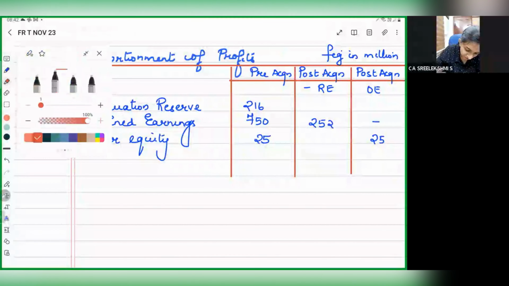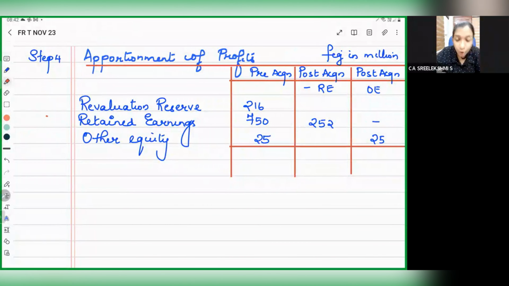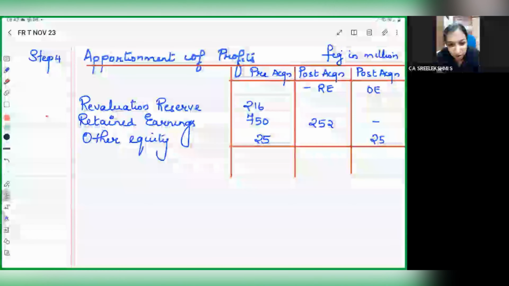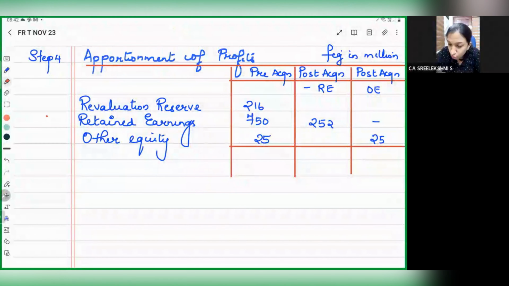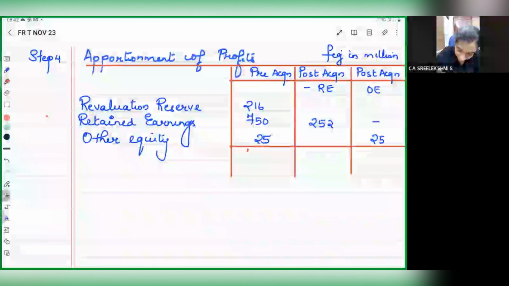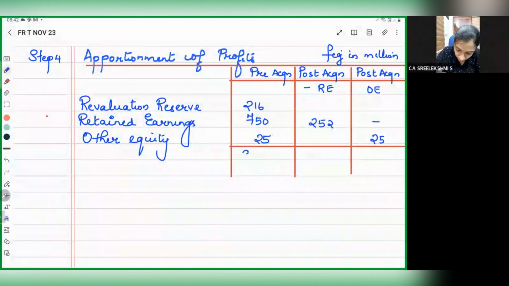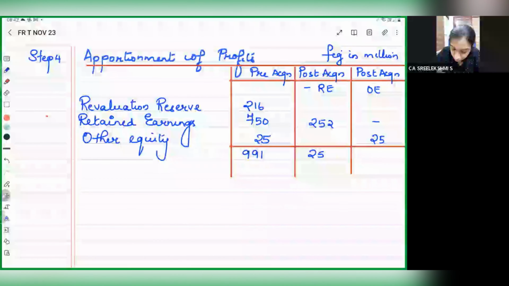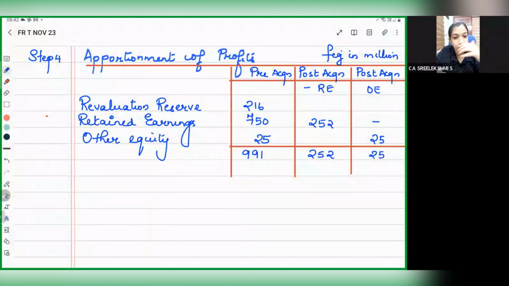So total. Will you divide pre-acquisition profits? No. We'll not divide pre-acquisition. 216 plus 750 plus 25, 991 million. Why do you identify pre-acquisition? Just to calculate my opening net assets. Oh, very good. 252 and 25.